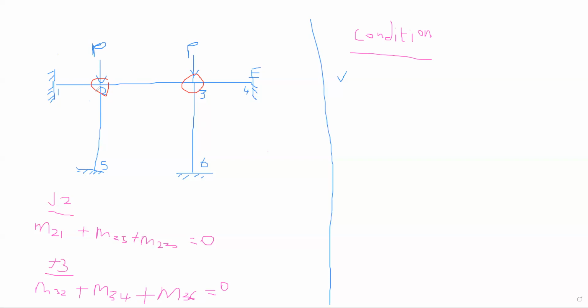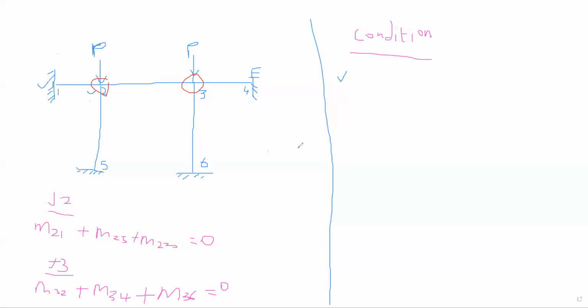When you have no load passing through the member and the member has a fixed support at the far end. When you pick this member, at this junction the 2 is the near end, and this one is the far end.